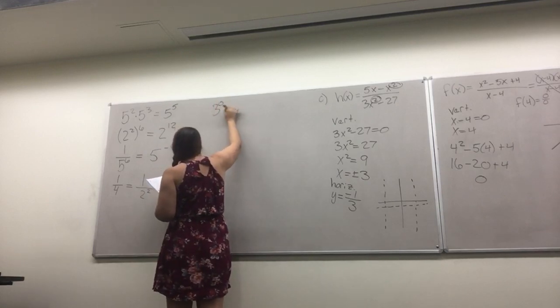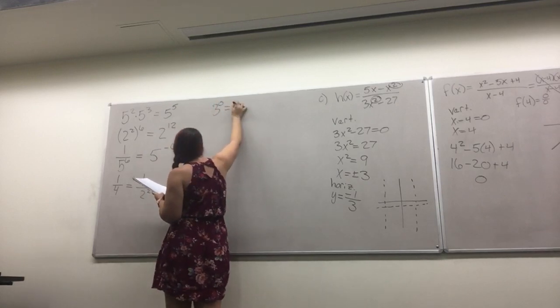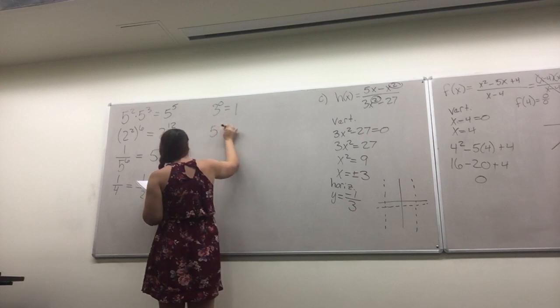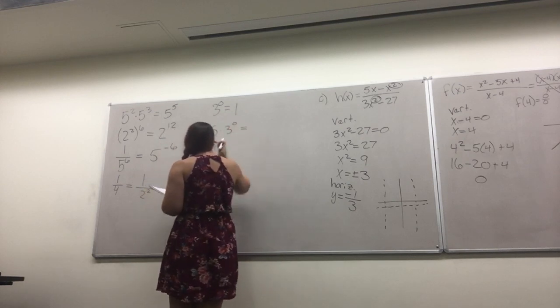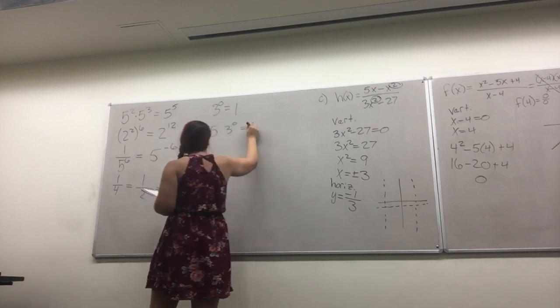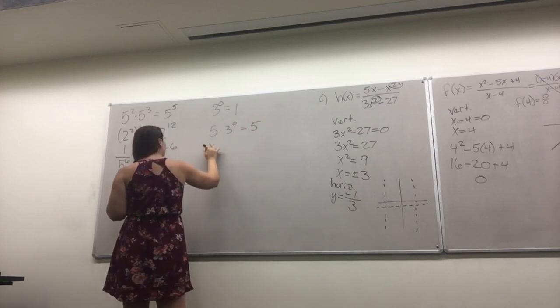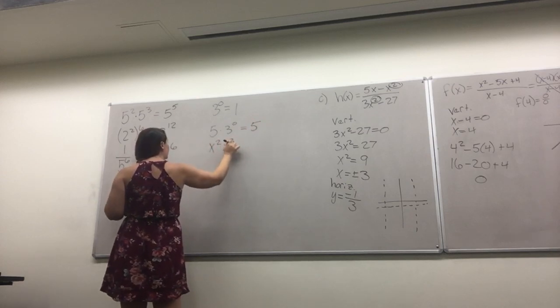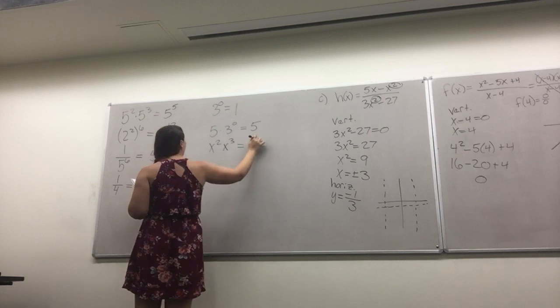3 to the 0 is equal to 1. 5 times 3 to the 0 is equal to 5. X squared times x cubed is x to the 5th.